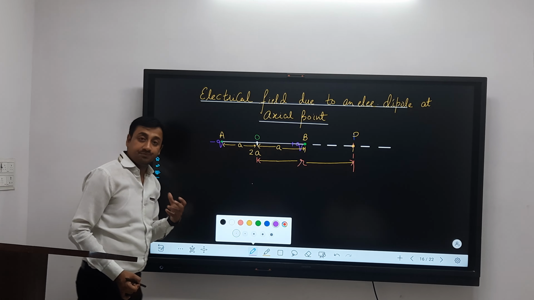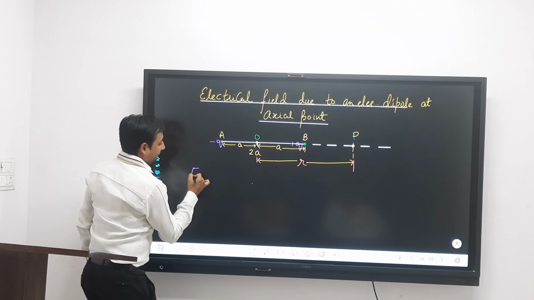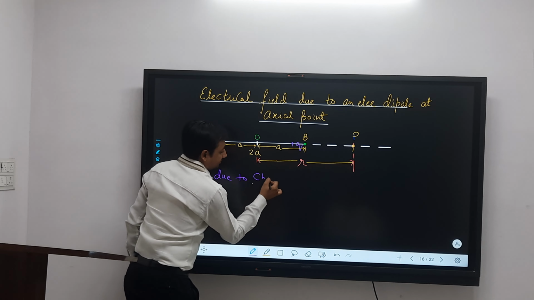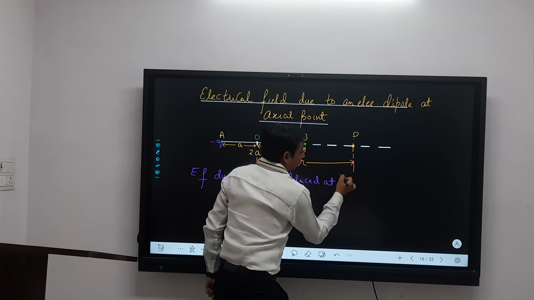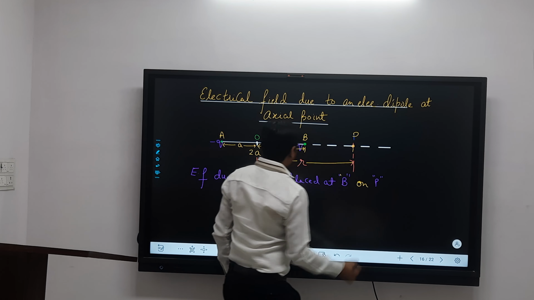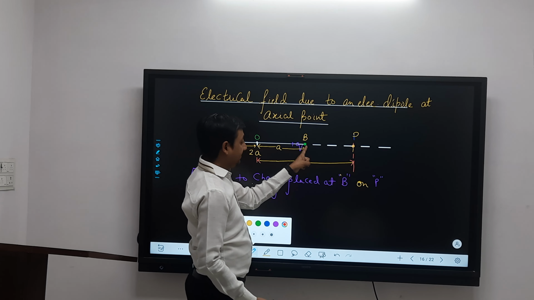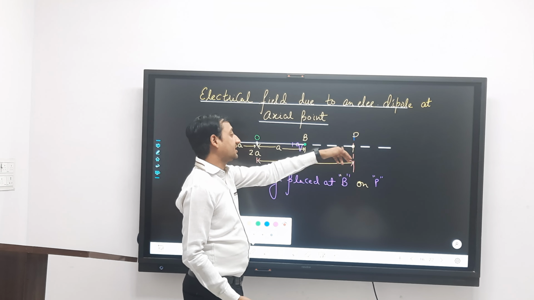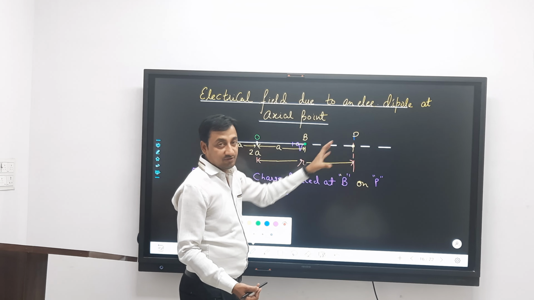Let's check the direction. At point P, let's consider the electrical field due to the charge placed at B. B is a positive charge, and a test charge placed at P is always considered a positive charge.